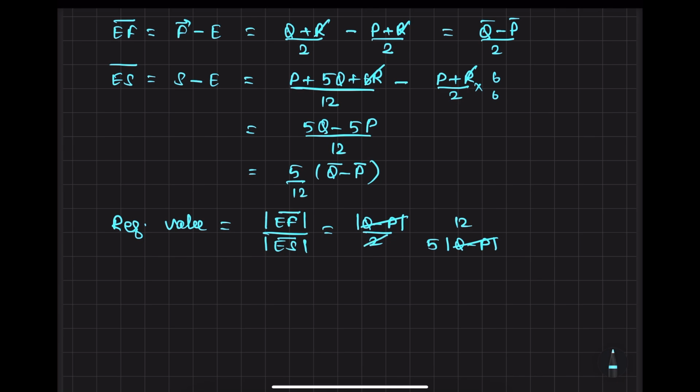This thing is gone, this thing simplified, so we got 6 by 5. So the required value is 6 by 5.